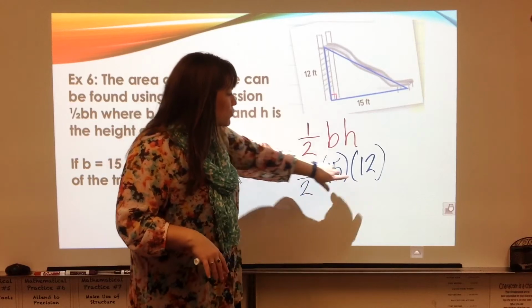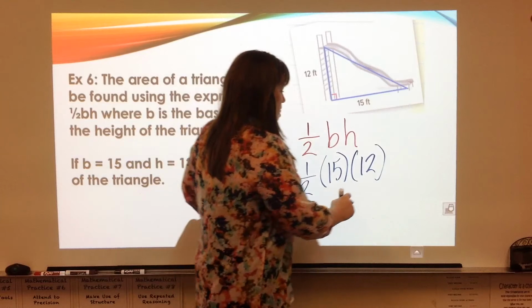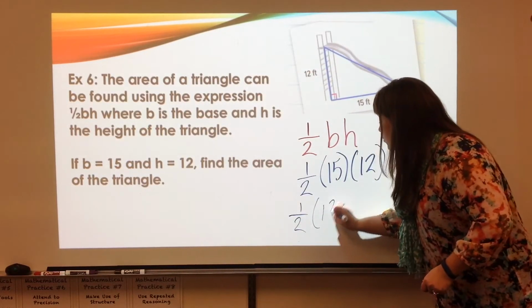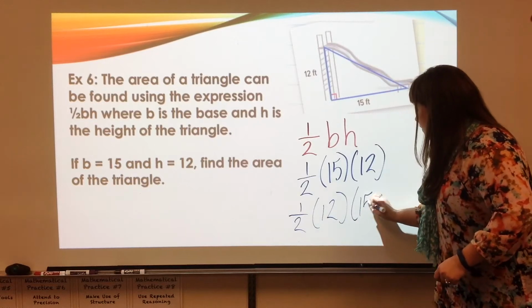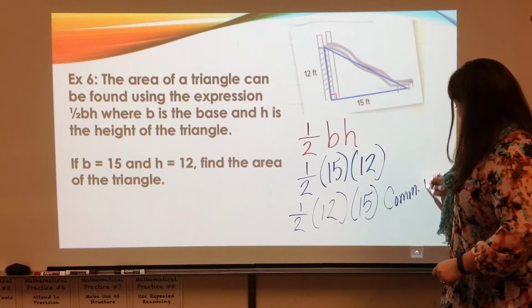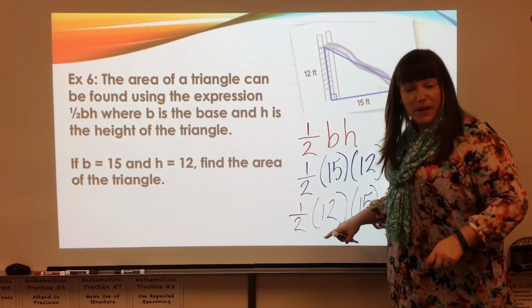So I'm going to move the 12 and the 15 around using the commutative property. So now I'm going to have 1/2 of 12 and then multiply it by 15. So I just used the commutative property to help me figure this out better in my head.